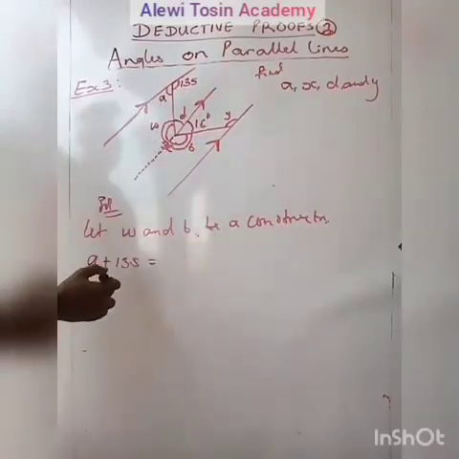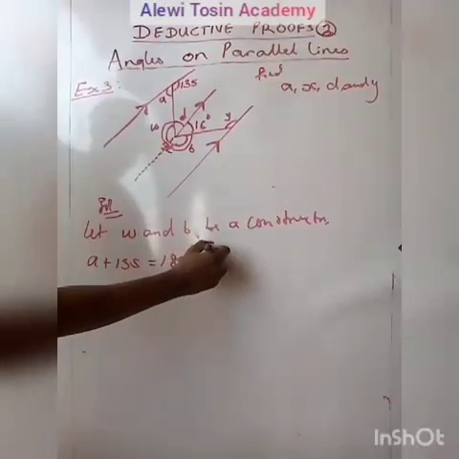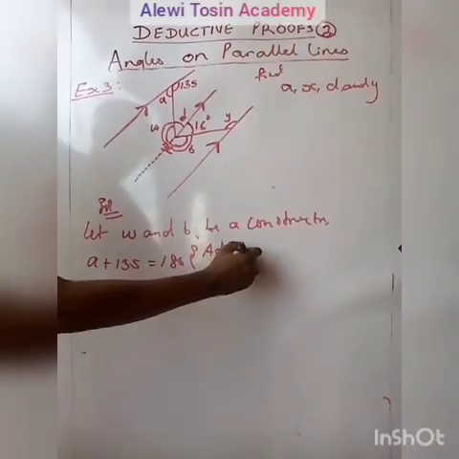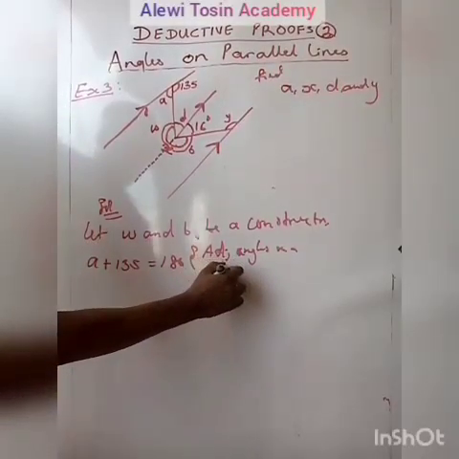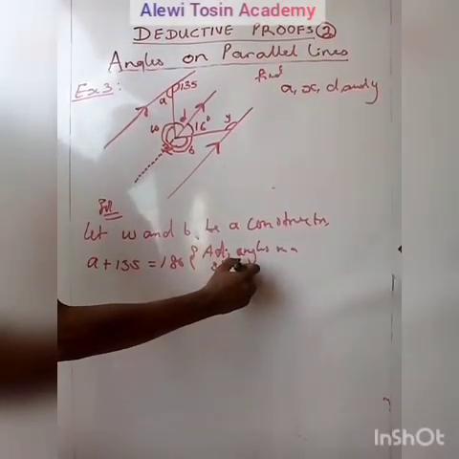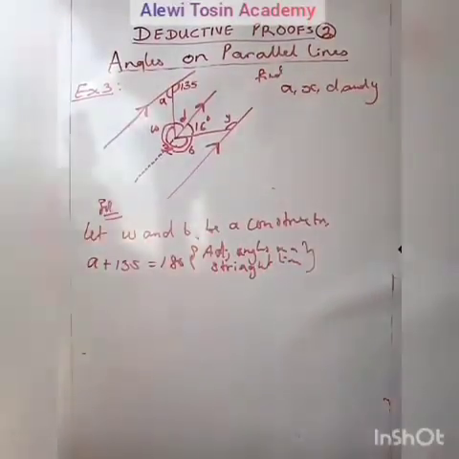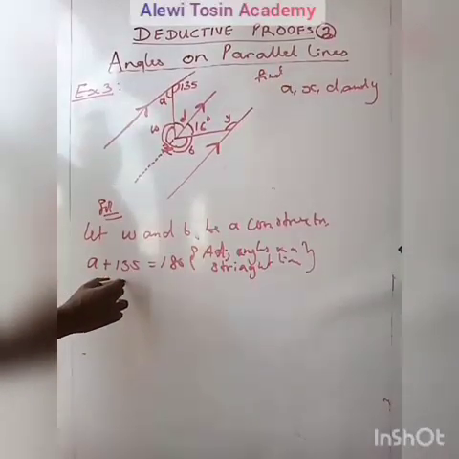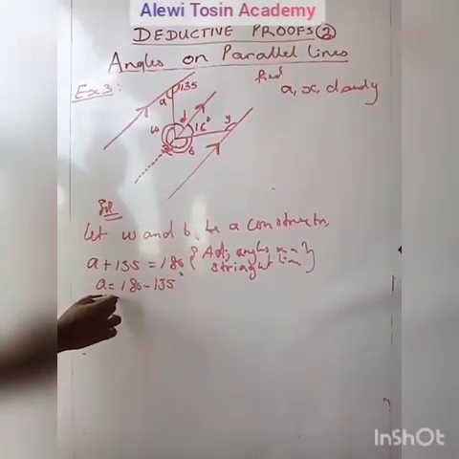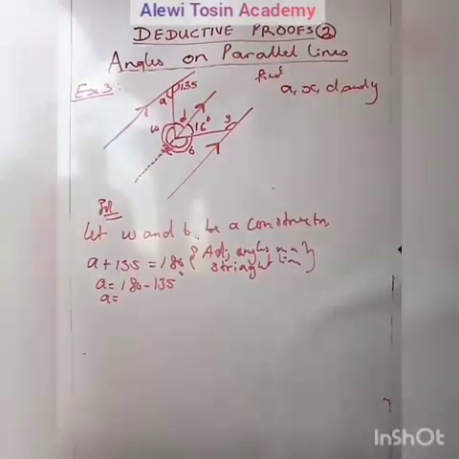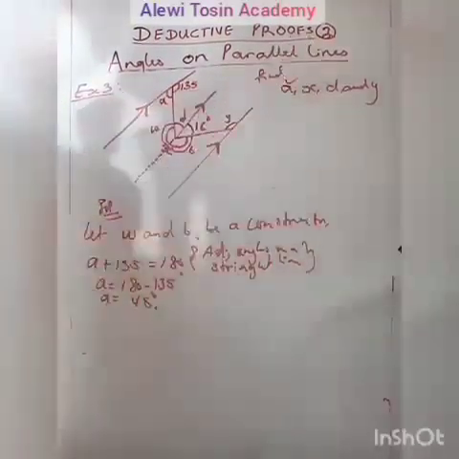So they are supplementary. That means they are equal to 180 degrees. So just write that as: adjacent angles on a straight line. That's the first thing. So we can easily get A to be 180 minus 135 degrees, which gives us 45 degrees. We've known our A that way.